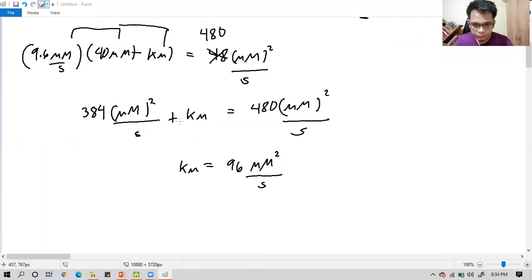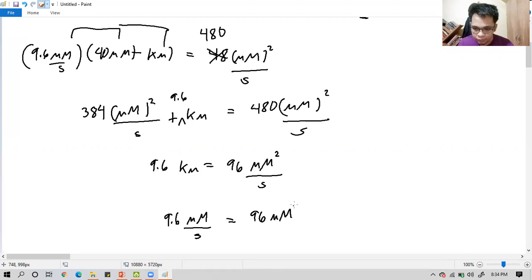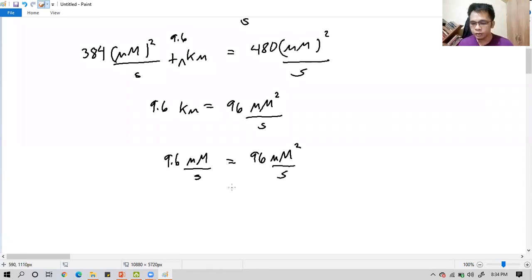I forgot that we also have the variable 9.6 here, so multiply both sides. We are not done yet. We will indicate the unit here: 9.6 micromolar per second times Km is equal to 96 micromolar squared per second.